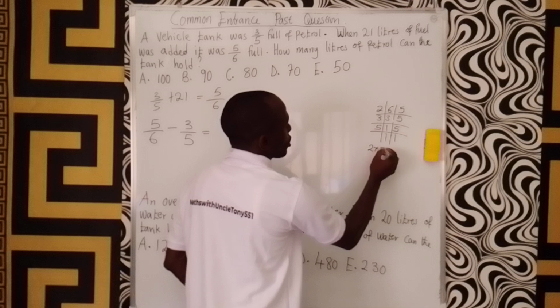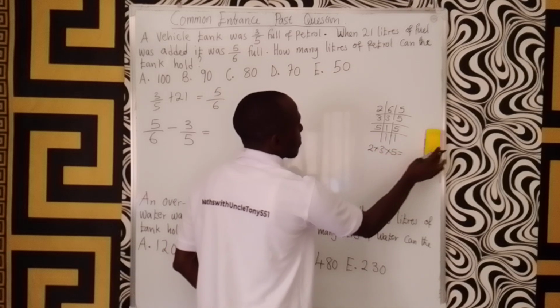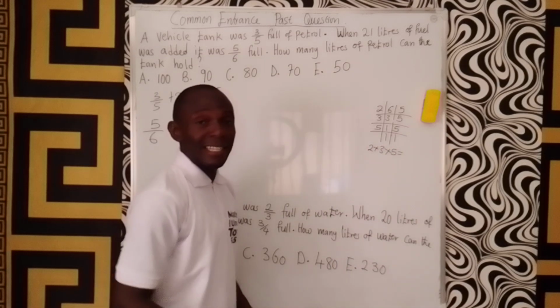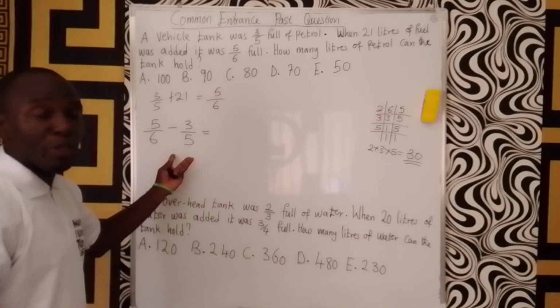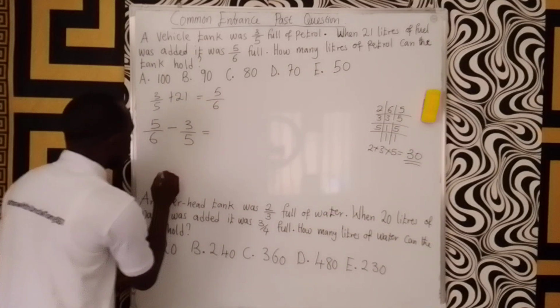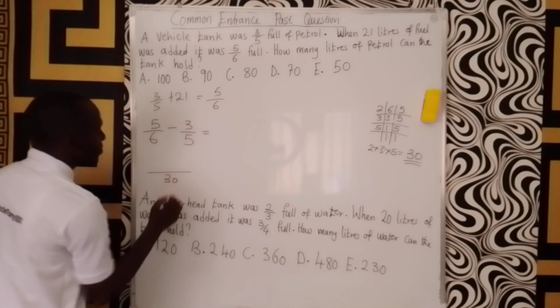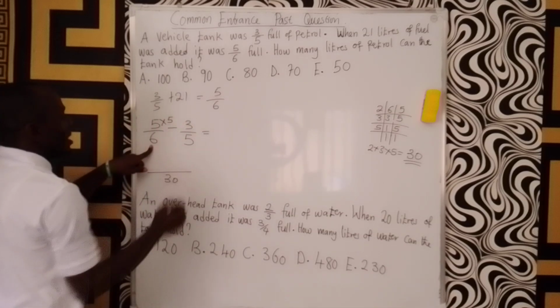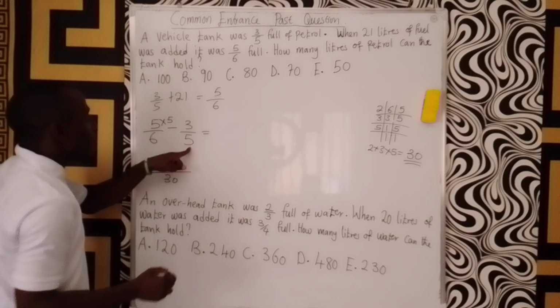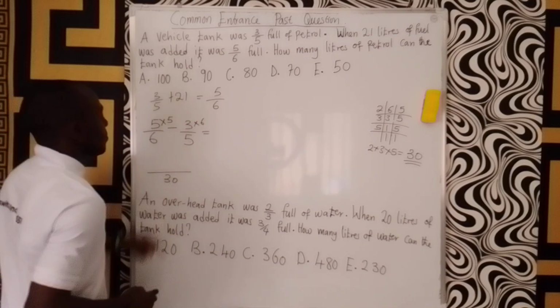Our LCM is 2 multiplied by 3 multiplied by 5. 2 times 3 is 6, 6 times 5 is 30. So our LCM for these denominators is 30. 30 divided by 6 gives 5. 30 divided by 5 gives 6.